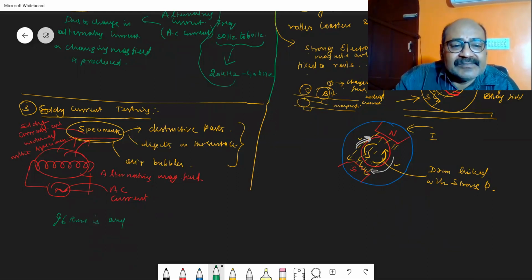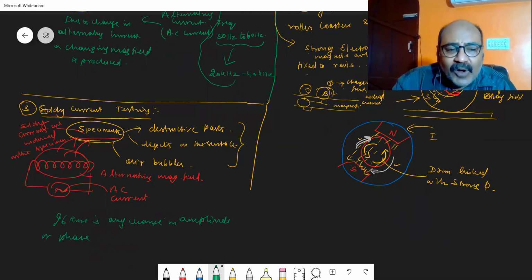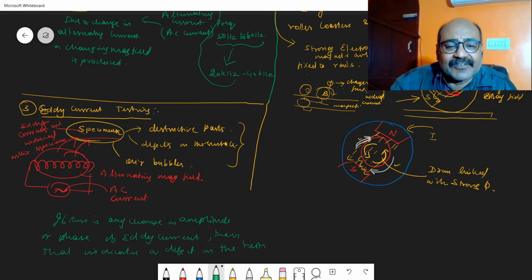Any change in amplitude, meaning magnitude, or in phase of the eddy currents indicates a defect in the specimen or the testing surface.